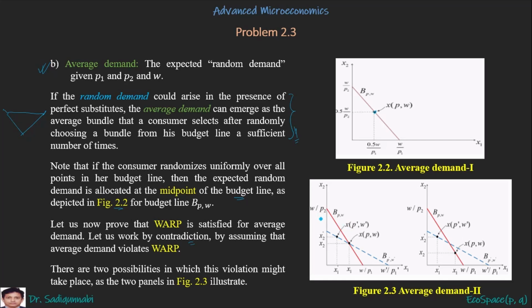You see that this is the random demand midpoint, and the position of x1 prime and x2 prime in panel A and B, where WARP might be violated.